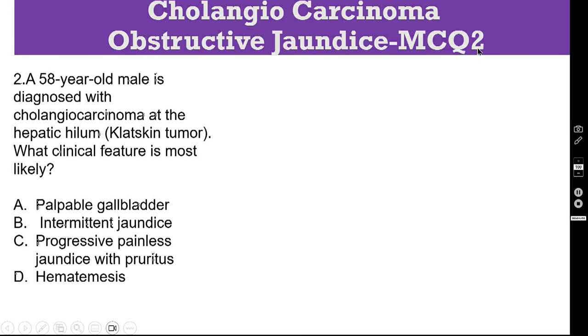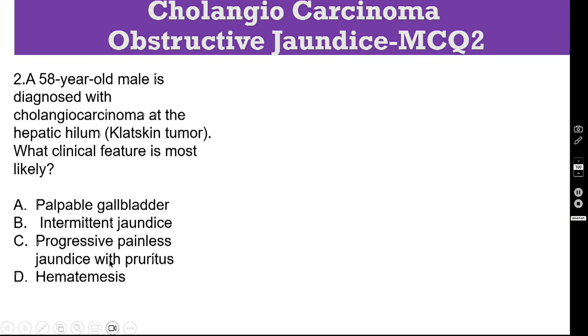Coming to MCQ number 2. A 58-year-old male is diagnosed with cholangiocarcinoma at the hepatic hilum, that is called Klatskin tumor. What clinical feature is most likely? A. Palpable gallbladder. B. Intermittent jaundice.